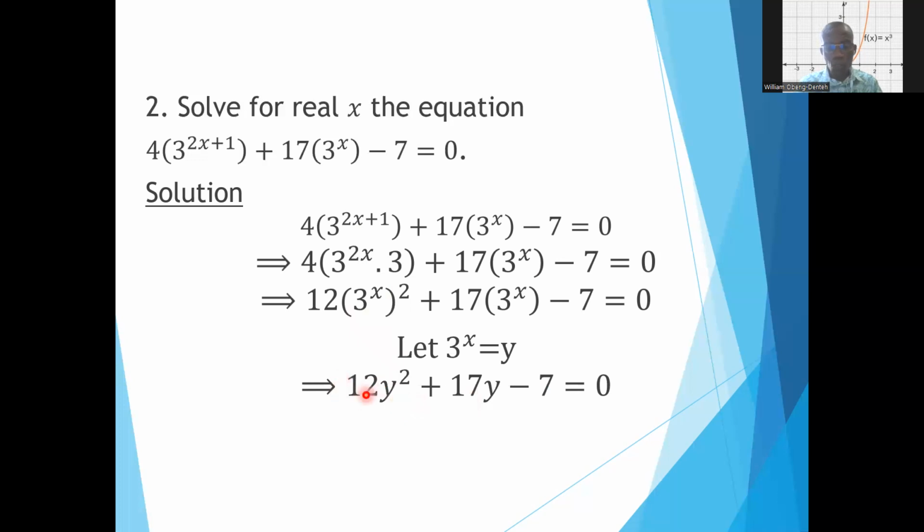And so we got 12 times -7, which gave us -84. We want 2 factors that will multiply to give us -84, but when we add them, we shall get 17. And so we need that value, and that will be 21y and then -4y.